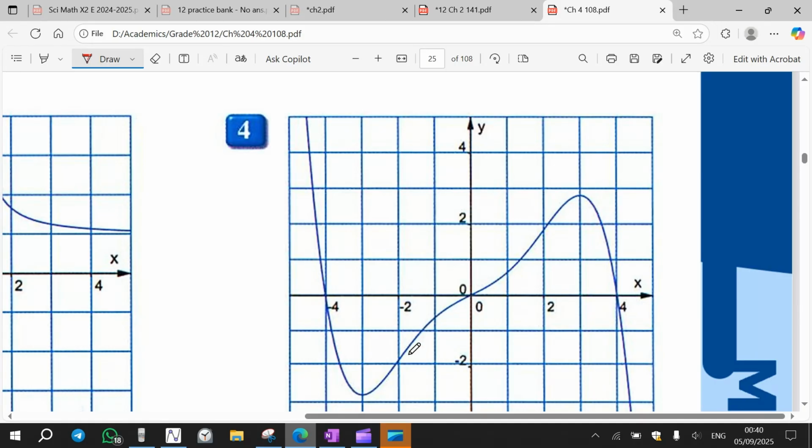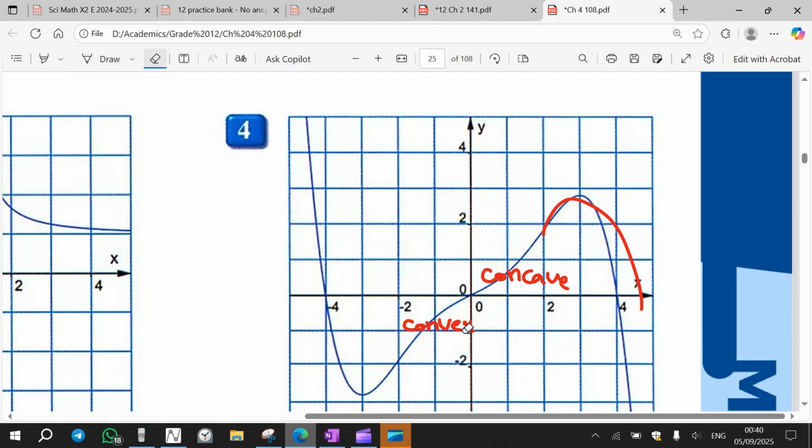This bump is enough to say convex. And there is a little dimple here. The curve went down a little bit, and that is enough to say concave. And this part is obviously concave. This part of the graph is obviously convex.